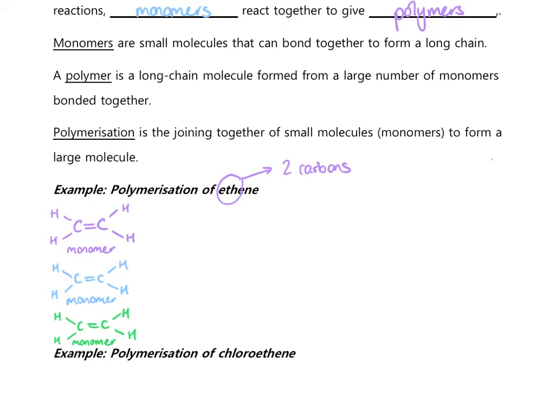So what actually happens during this polymerization reaction? Well, the first thing that happens is that the double bond between the 2 carbon atoms breaks. So the double bond breaks. And so what we're left with is a single bond between our carbon atoms rather than a double bond. So let's draw that for our first monomer.